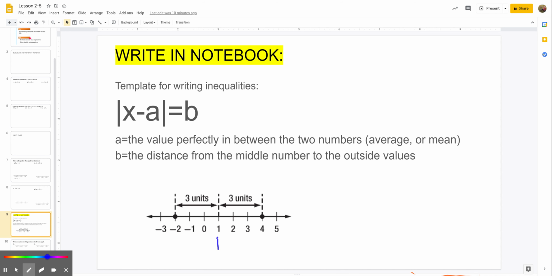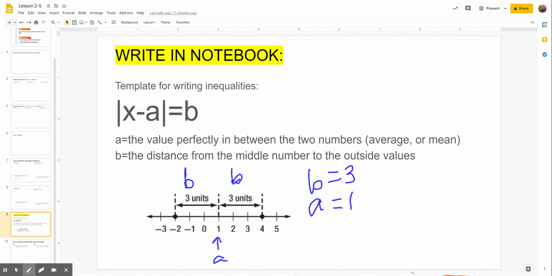So this right here is a in this case. The distance from the middle number and the outside values, in this case, is b. It is 3. And that's b right there. B equals 3, a equals 1.